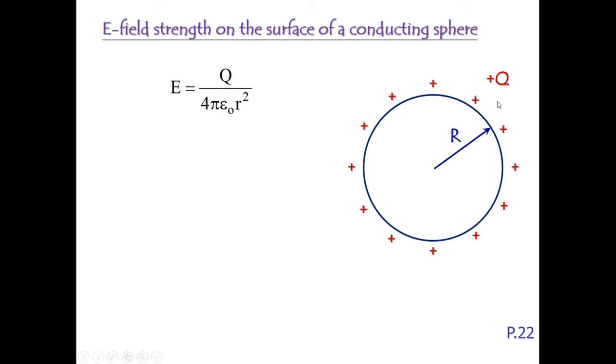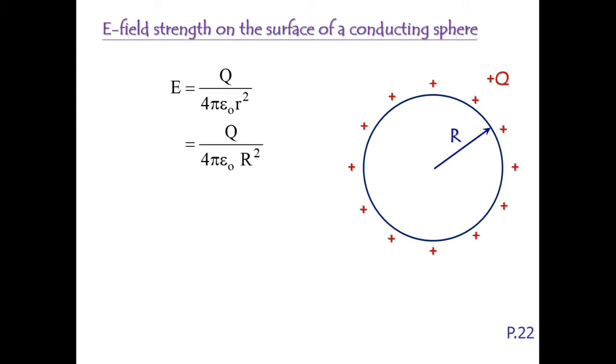How about the electric field on the surface of the conducting sphere? We simply replace the small letter r with the capital letter R, the radius of the sphere. So the electric field strength on the conducting sphere is given by this expression.